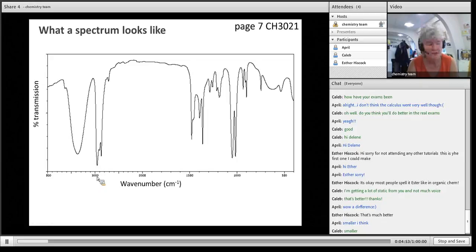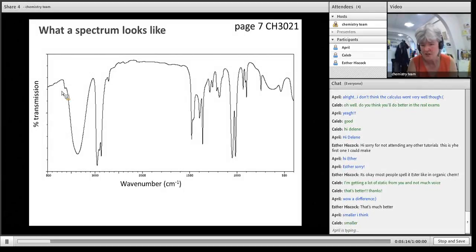So a lot of infrared spectra show a scale change after 2000. It's just because this section tends to be spread out a bit more, and so the peaks get broader and it gets a bit mucky, so they've just condensed it a bit. Not every IR spectra is like that.